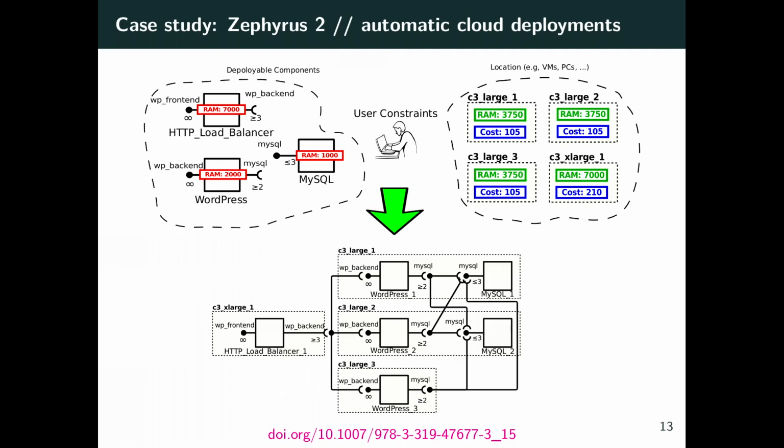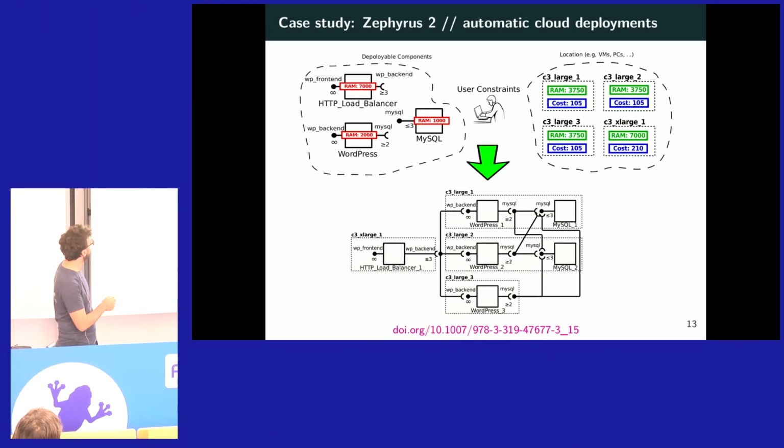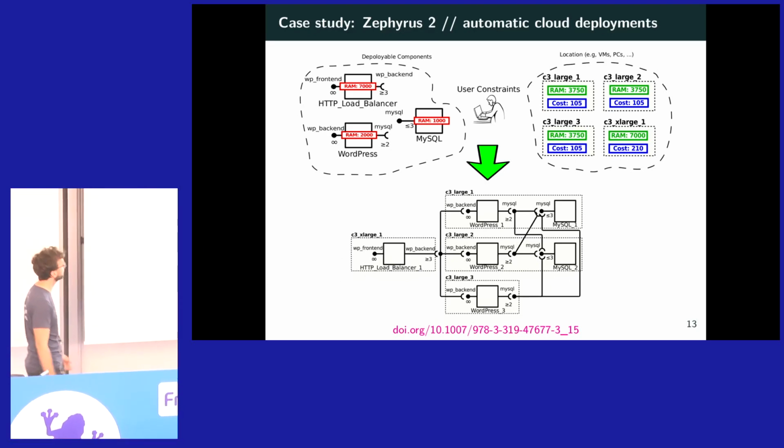And if we have a WordPress instance, we can say it can serve so many queries, it takes 2 GB of memory, and it needs at least 2 database backends for redundancy. And you have a load balancer, and for a load balancer to make sense, you need a lot of cache. So you need 7 GB of memory, and you should have at least 3 WordPress instances behind it, because otherwise it doesn't make sense to have the load balancer in the first place, for example.